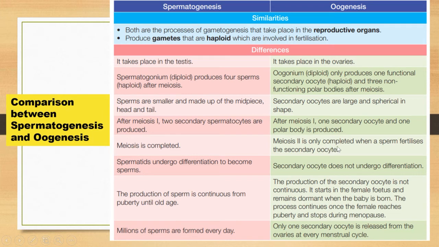If there is no sperm, meiosis 2 is not completed, and the secondary oocyte will die, degenerate and be removed during menstruation.